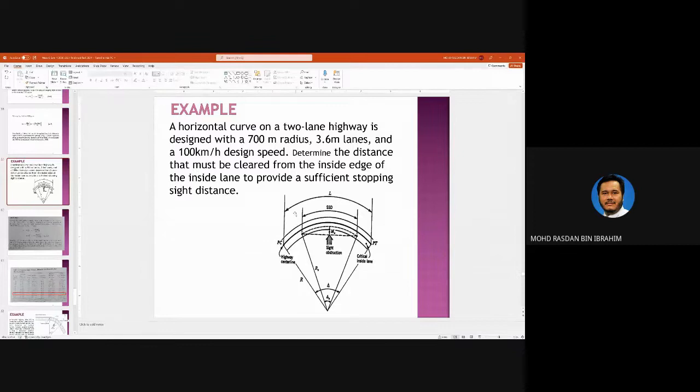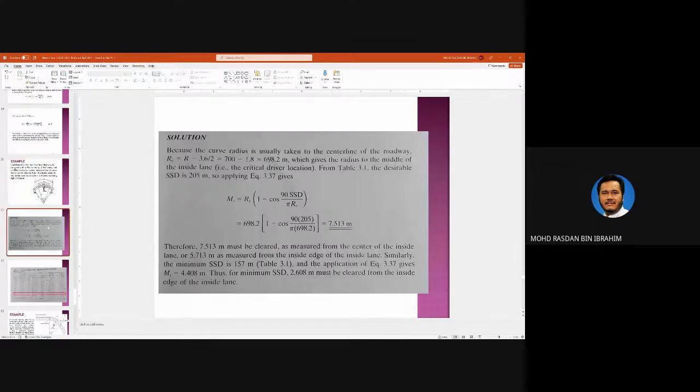To get RV from 700, you must minus 3.6 divided by 2, which gives this distance. So 700 minus 1.8 meters, you get RV. So RV equals R minus 3.6 divided by 2, you get 698.2, which gives the radius of the middle of the inside lane.